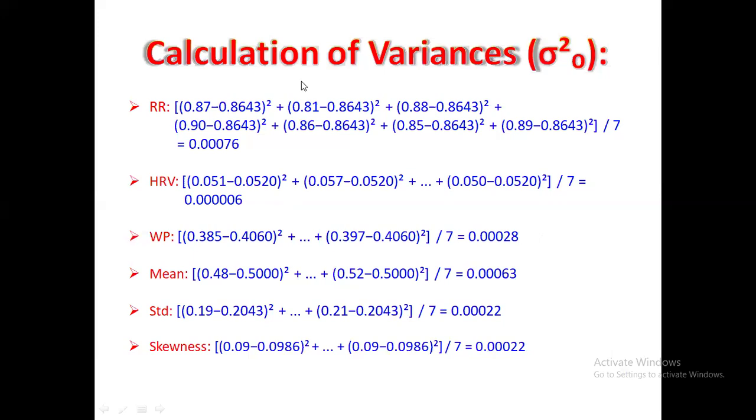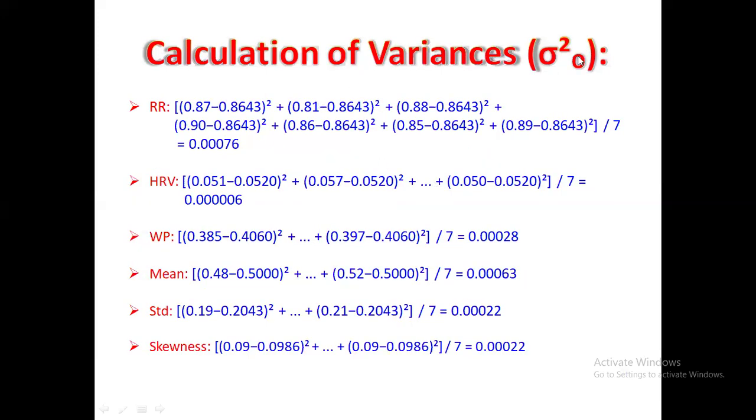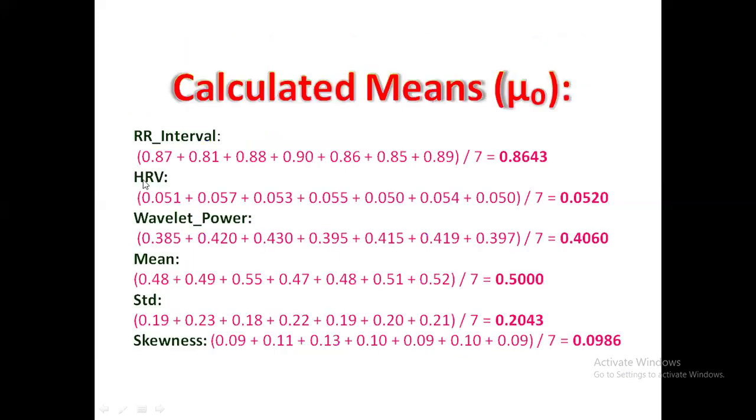And similarly, for calculating the mean, you sum up all the values and divide by 7. For the variance, sigma naught square for label 0, you take each actual value minus the mean value we found.